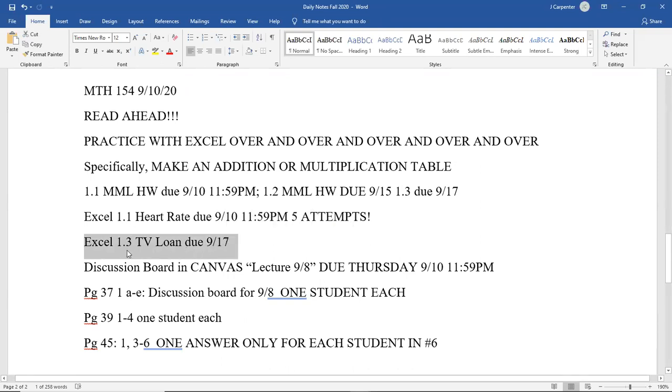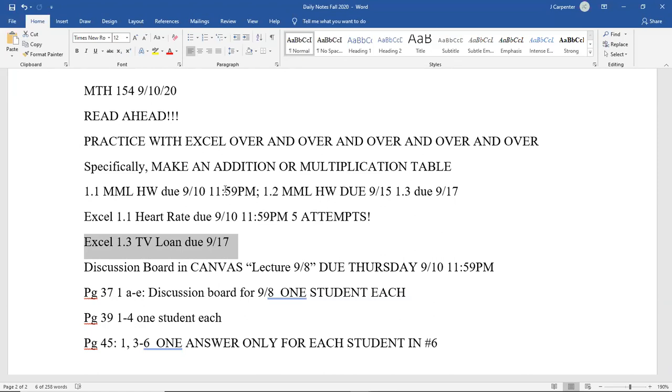Now this is going to look very similar to what I created in class. Kind of that introductory finance style Excel spreadsheet. But the difference with this homework versus what I created is this homework assignment will have a column for payments. So you're still going to be calculating interest exactly as I did in the class.